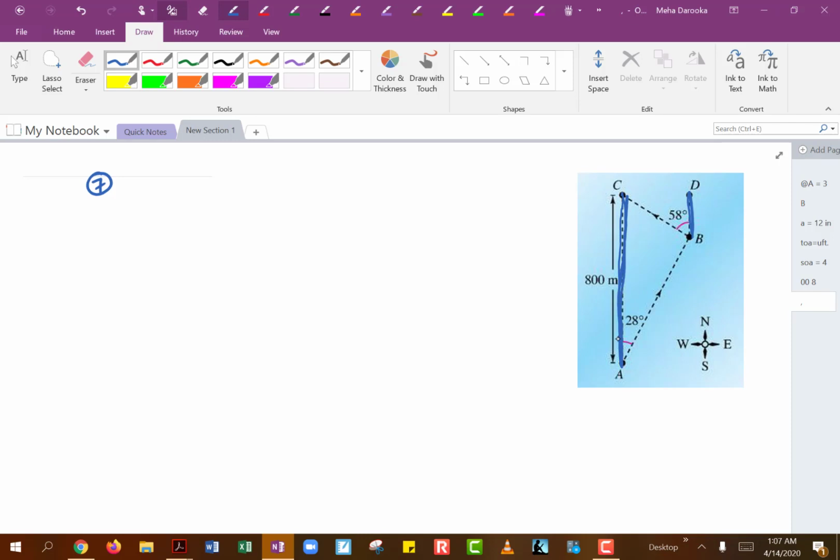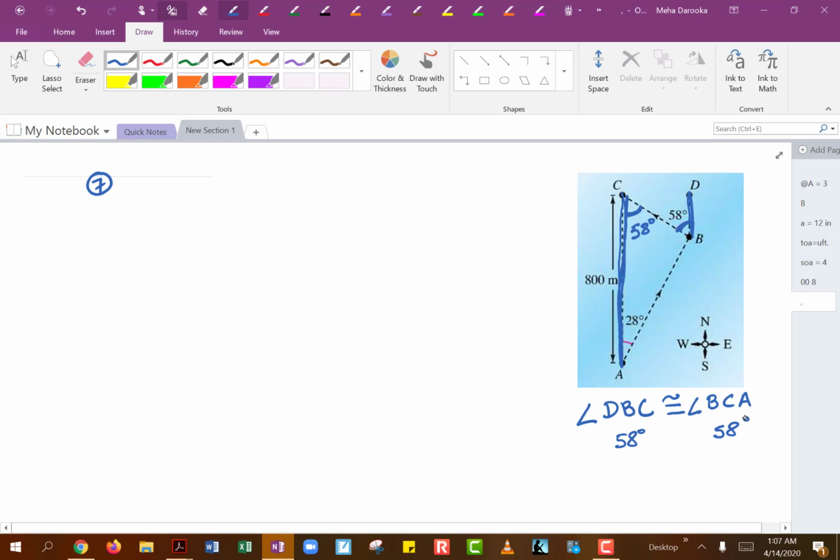So if they are parallel to each other, then your angle DBC, which is this angle here, is 58 degrees, is going to be congruent to angle BCA. So BCA is going to be this angle here, which will also be 58 degrees. Okay, so they're both going to be 58 degrees.